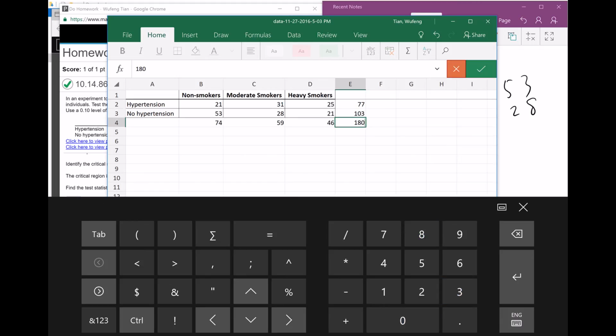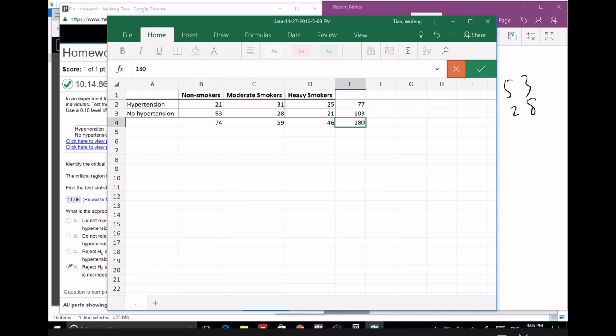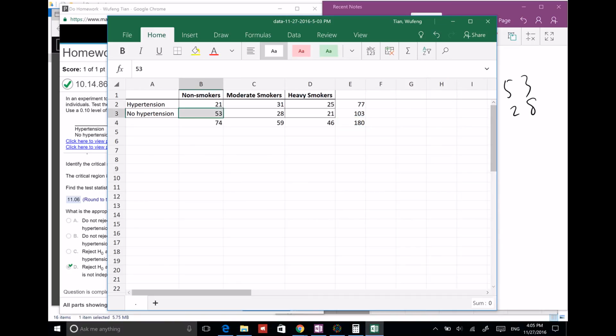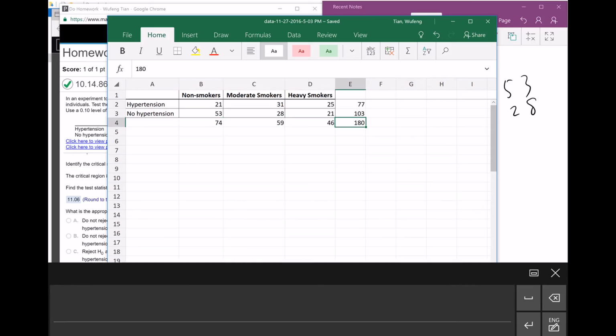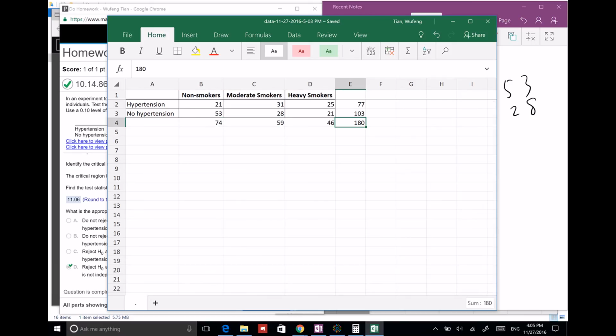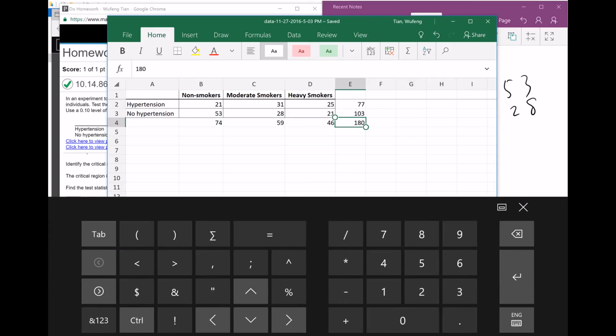It should be the same sum, because if you add the columns and add the rows it should be the same. Let me check. This is still 179. Okay, this is 179.